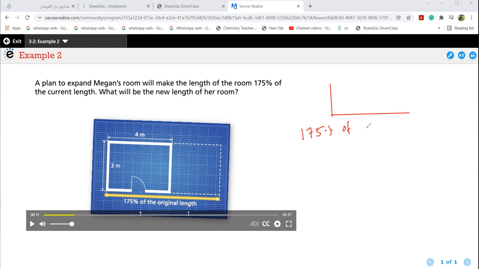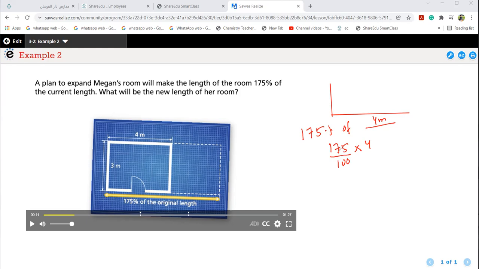So they want 175% of the original current length. So current length is 4 meters, right? So let us check 175. You can even do 175 over 100 multiplied by 4. Do and tell me, Vati.